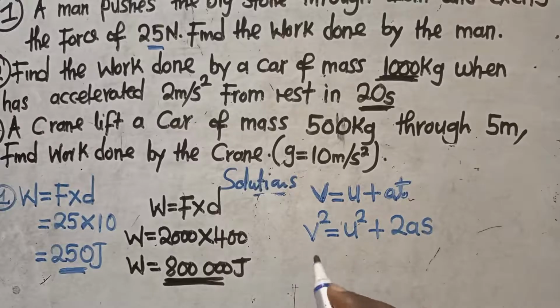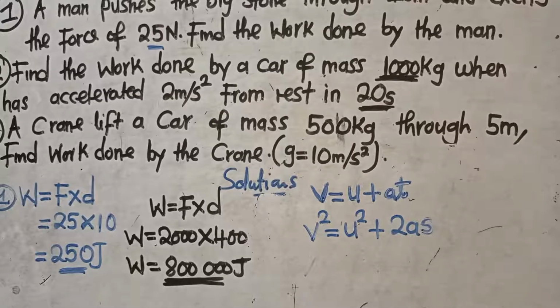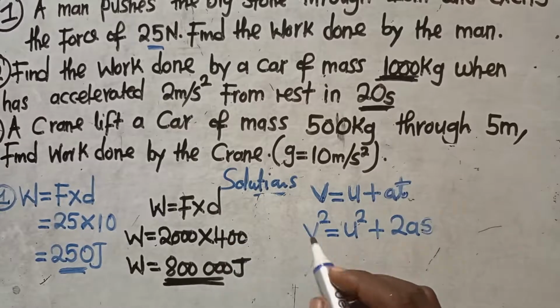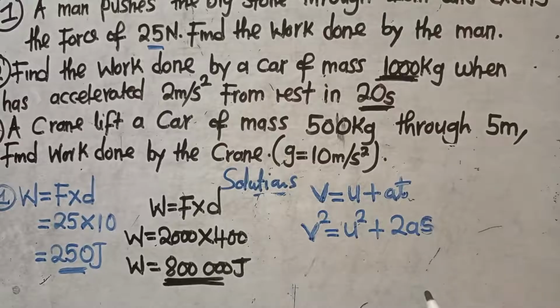The last one is this one. So the S that is there, that is also the what? The distance. So if we were not given time in this particular question, but if we were given the final velocity, we would have used this and calculated for S. So X, I can say S or X. It is just one and the same.